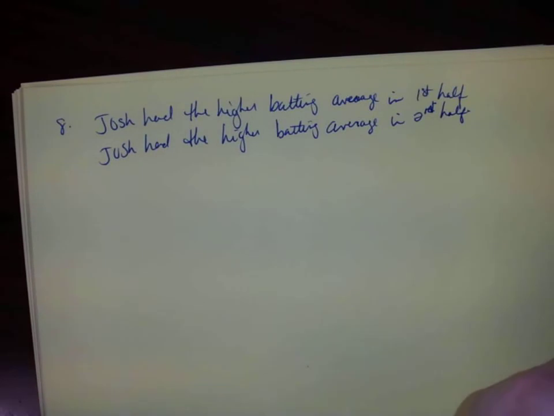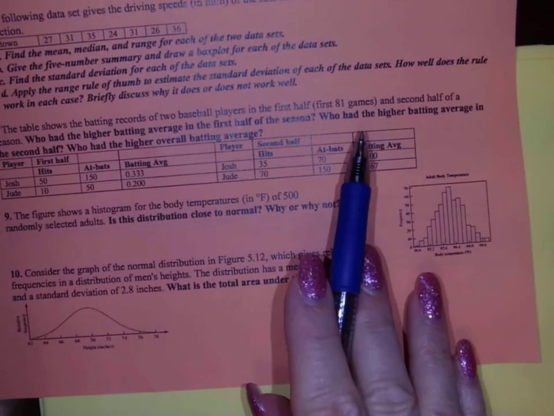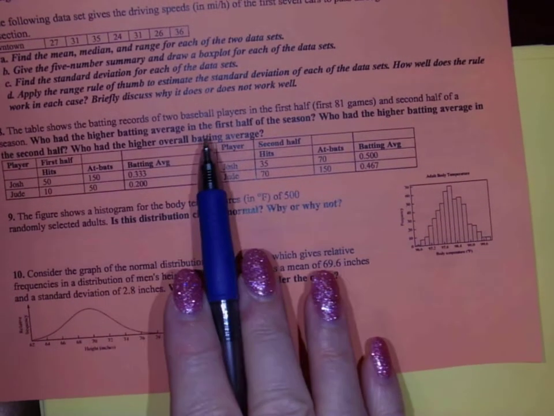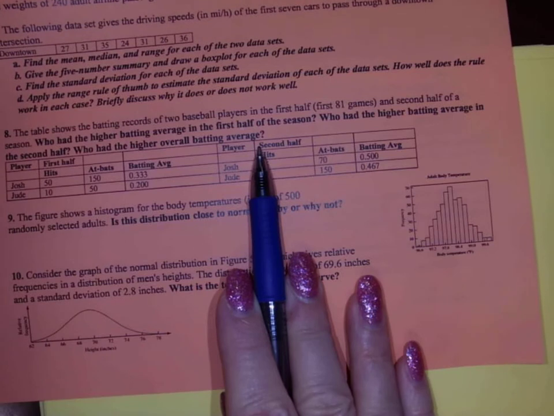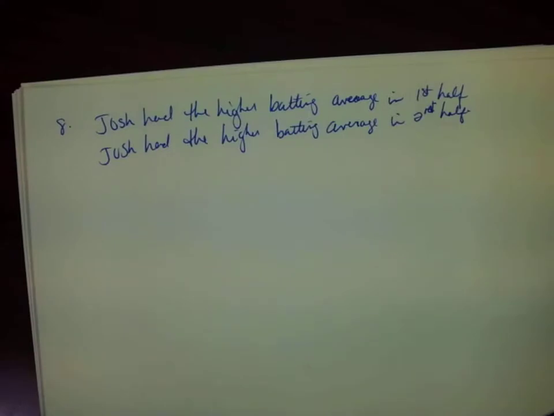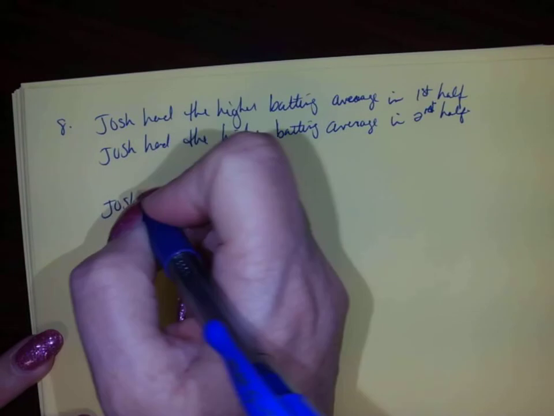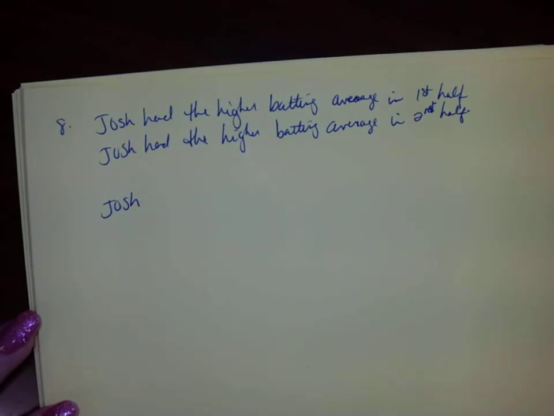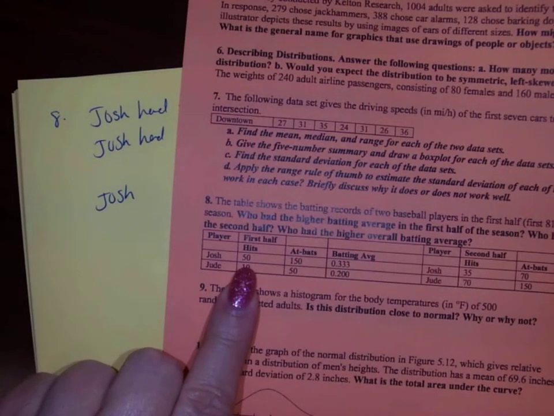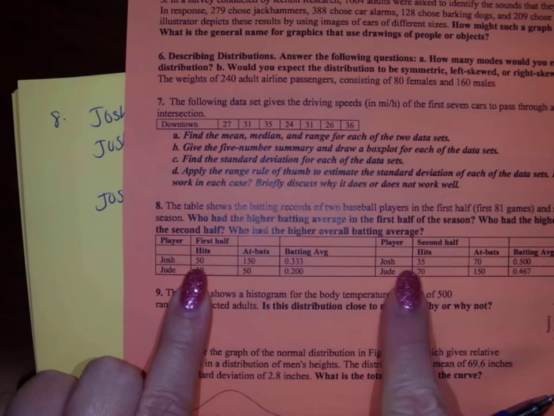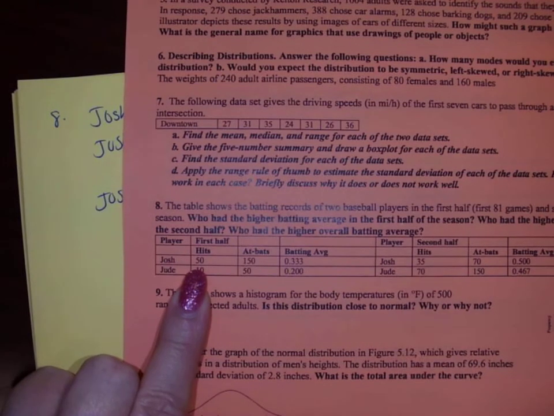All right, now what we want to know is who had the higher overall batting average? Well, we're going to have to do a little bit of math here. So let's look at Josh. So Josh had 50 hits here, and he had 35 hits here.